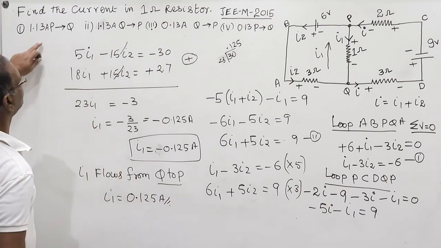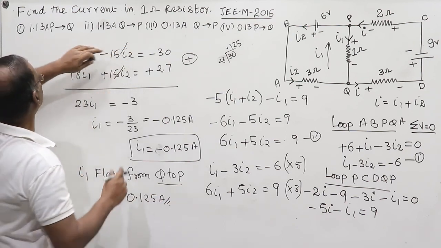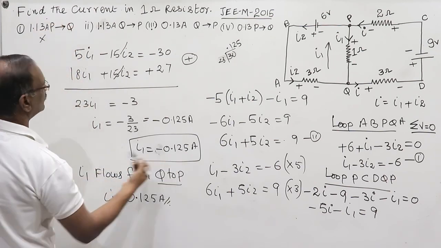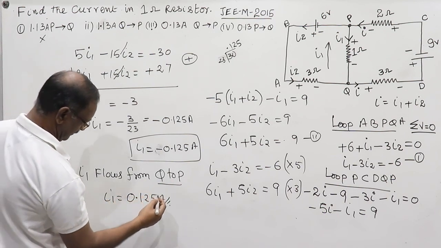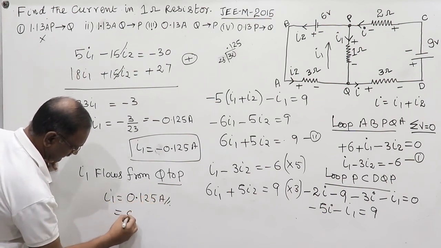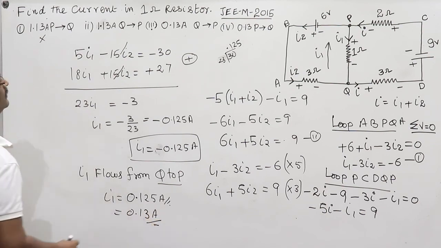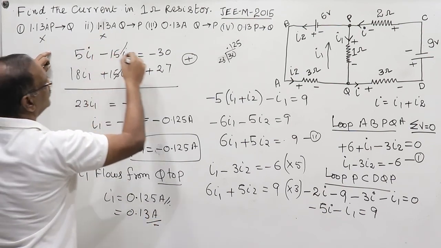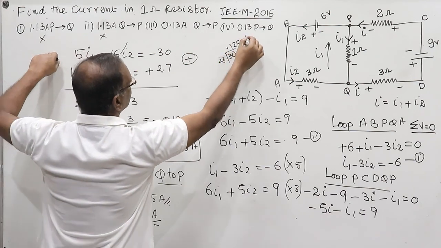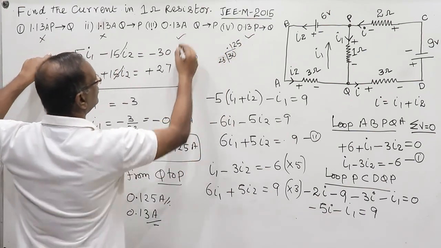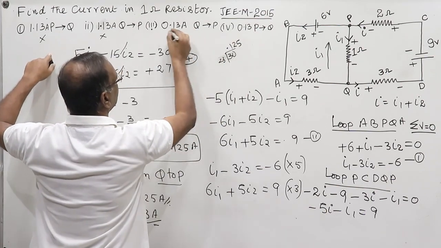It can be written as 0.13 approximated. So this is the right answer: the current goes from Q to P.